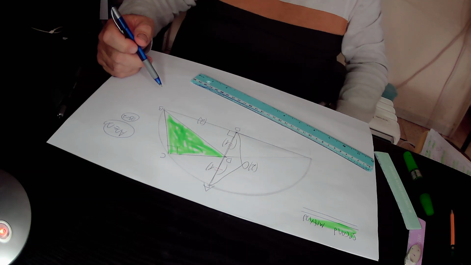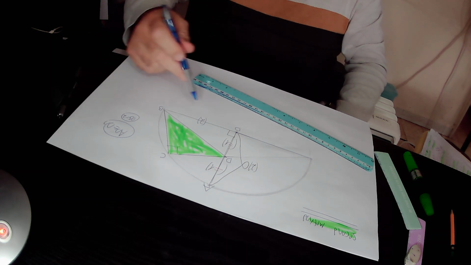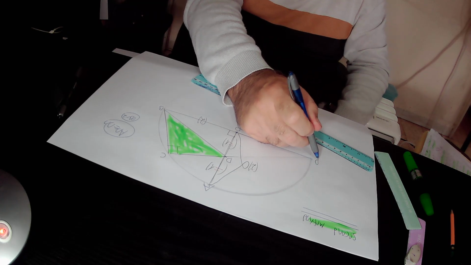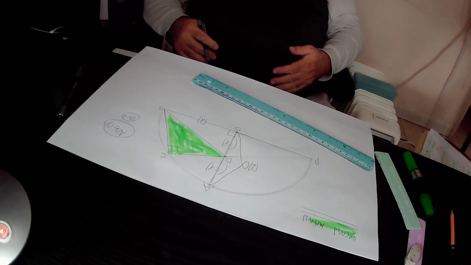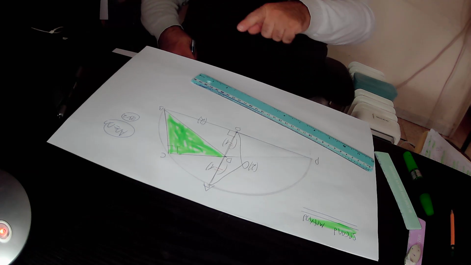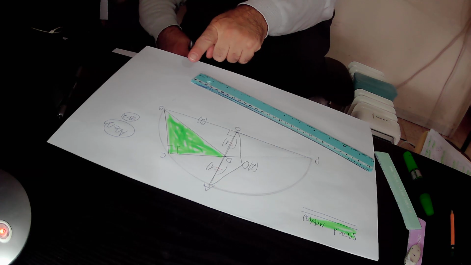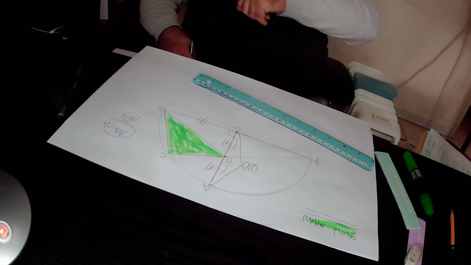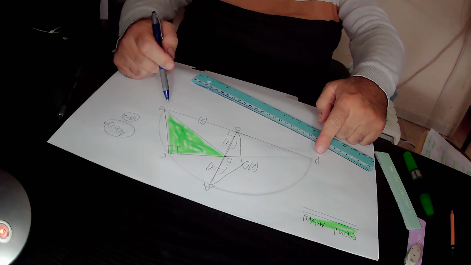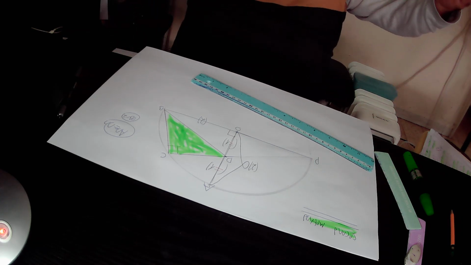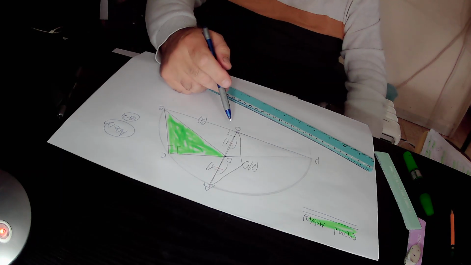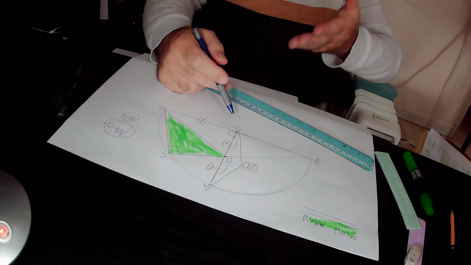We define the touching point of the extended radius BO with this semicircle as point P. The radius BO is a straight line. When you extend a straight line by a straight line, the result BP must also be a straight line. BP is a straight line that touches the semicircle at two points, B and P. Therefore, BP is a chord that passes through point O, the center of this semicircle.